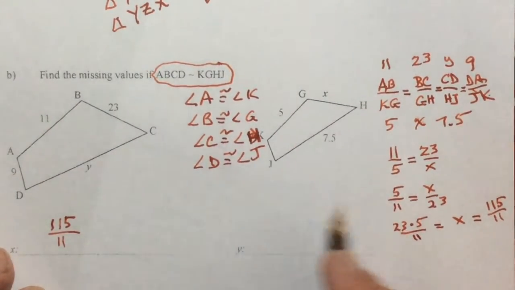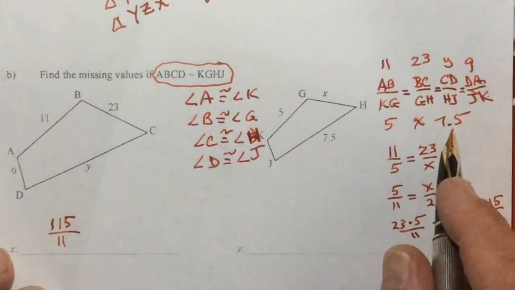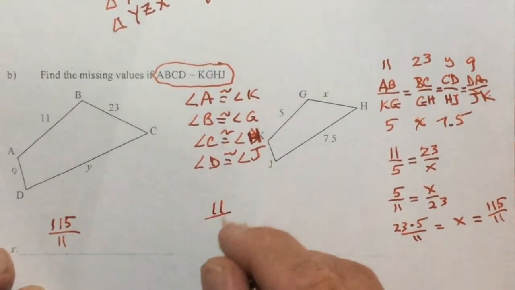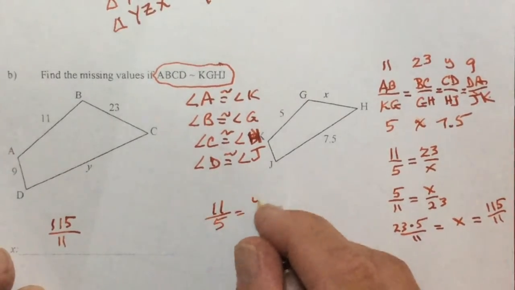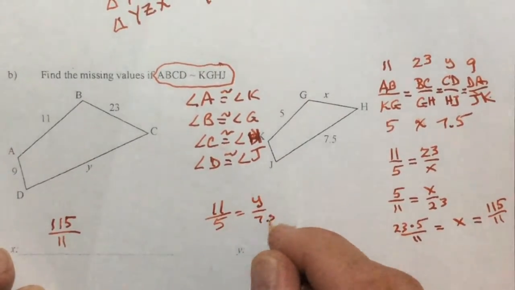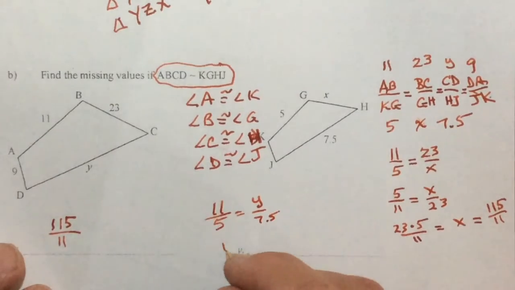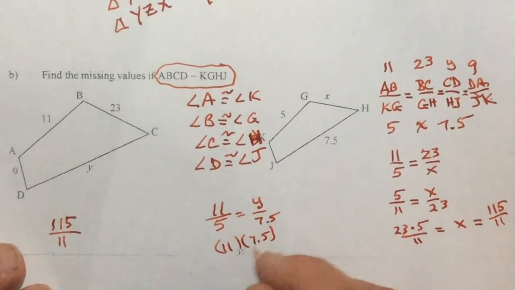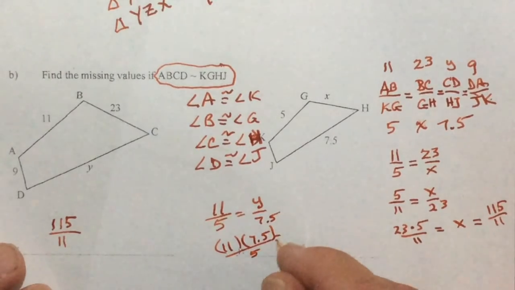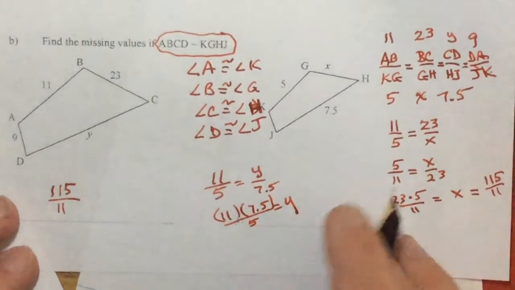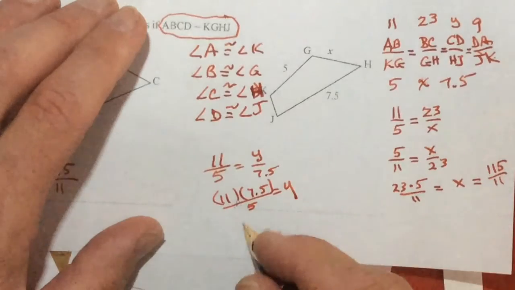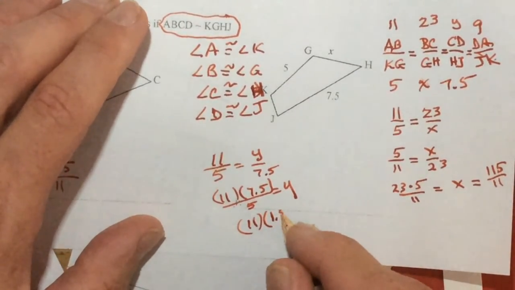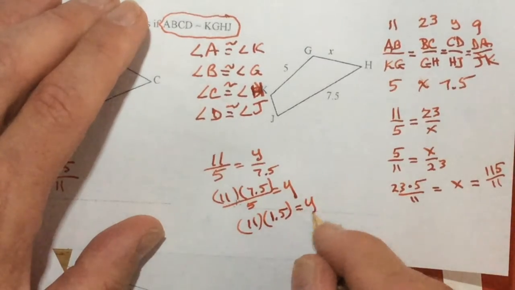All right, looking over here, y over 7.5. So, again, the ratio is 11 over 5 is equal to y over 7.5. So it's 11 times 7.5 over 5 is equal to y. 5 will go into 7.5. 11 times 1.5 is equal to y.